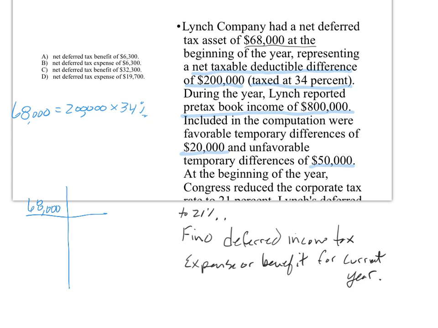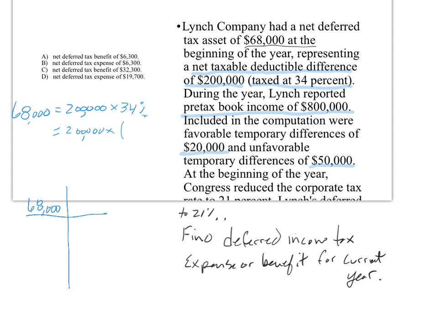Now during the year we've got some things happening, but also Congress reduces the corporate tax rate. So by reducing that corporate tax rate, we know automatically that this balance has to change. And what did they reduce that corporate tax rate by?